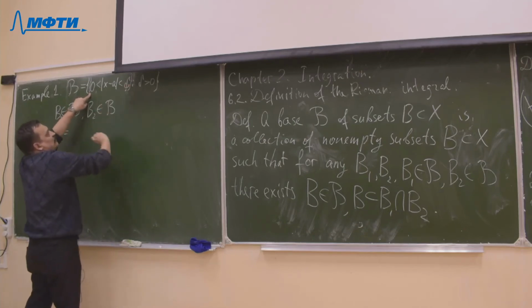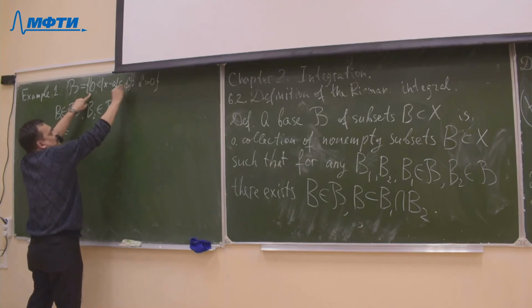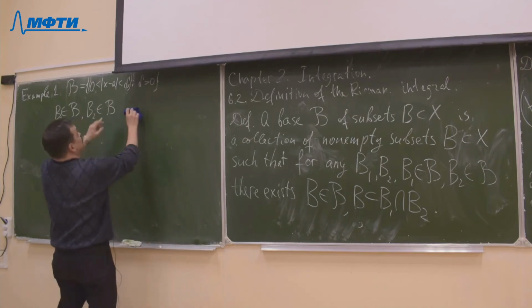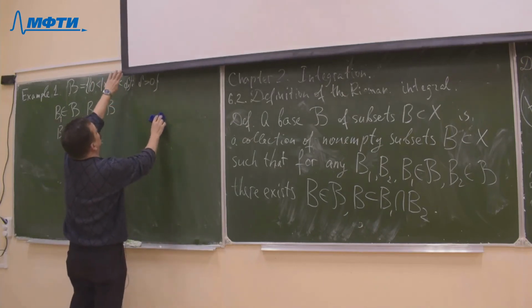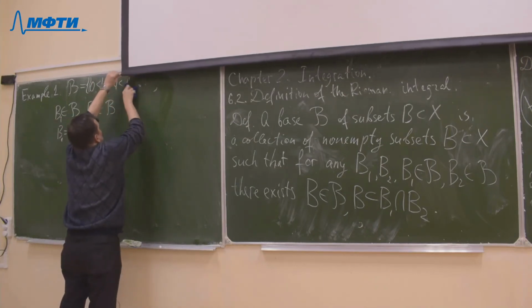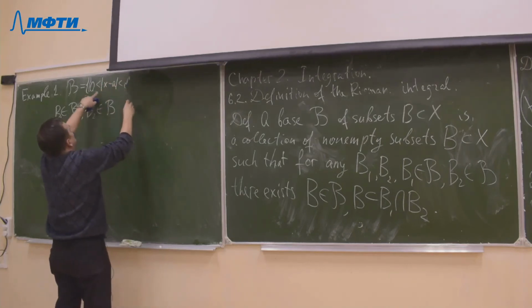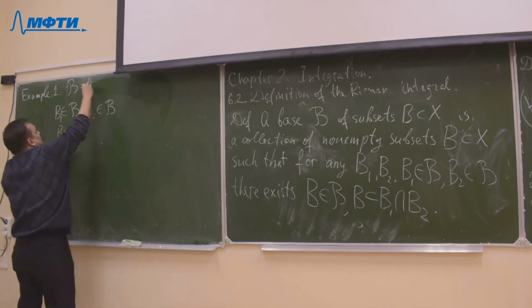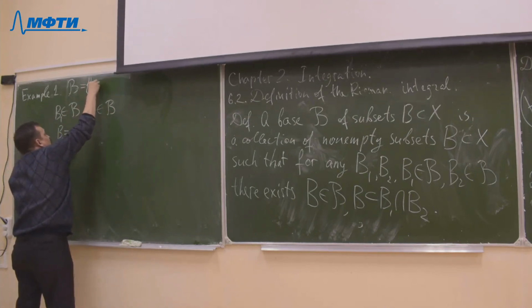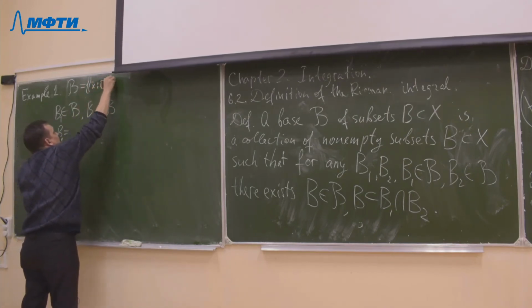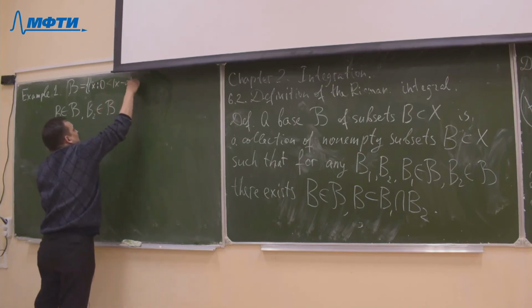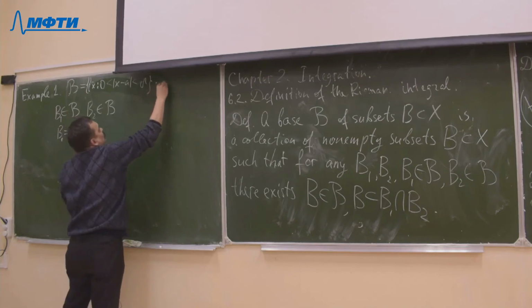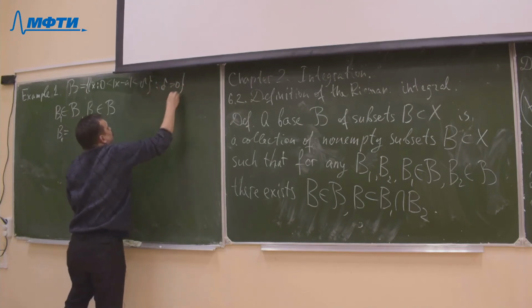Okay, let me write it down: the set of x such that 0 less than |x minus a| less than delta, where delta is positive.